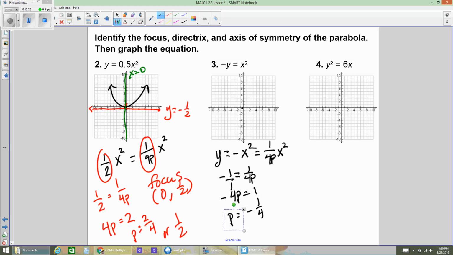All right, get your vertex on there. That means the focus is at 0, negative 1/4. The directrix is at y equals 1/4.